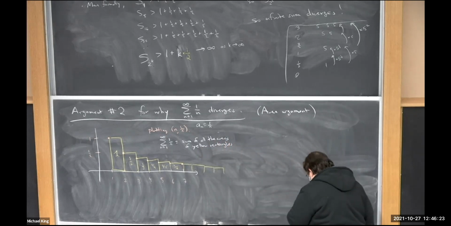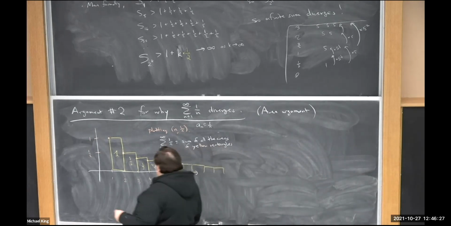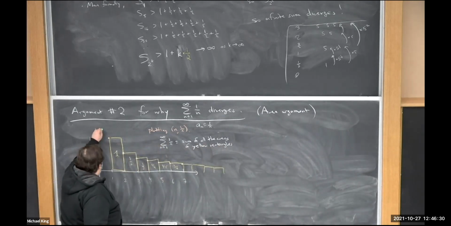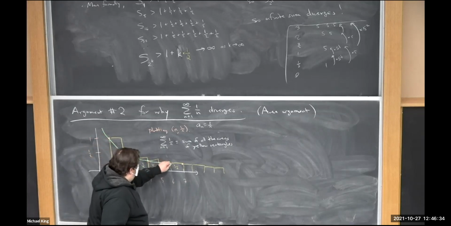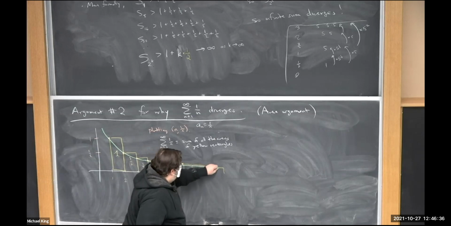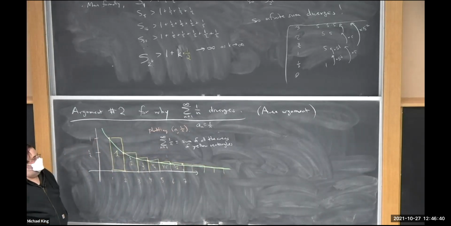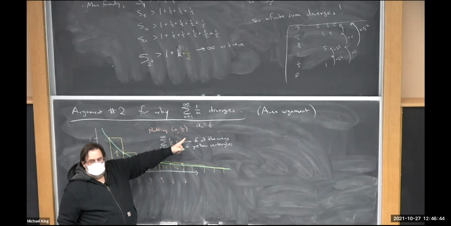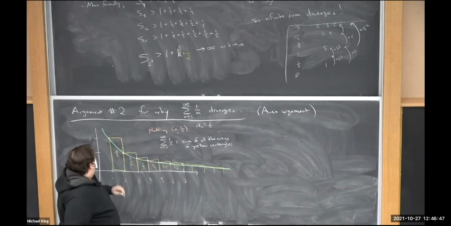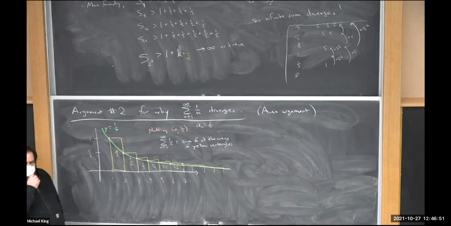Okay, but another thing I can do is draw the curve through all these points. And what function is this? If I'm plotting n comma 1 over n, I'm really plotting x comma 1 over x, right? So this is y equals 1 over x, that curve.